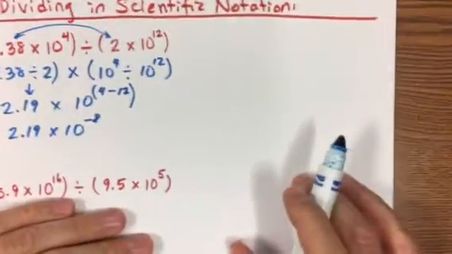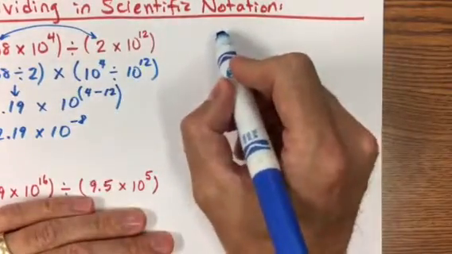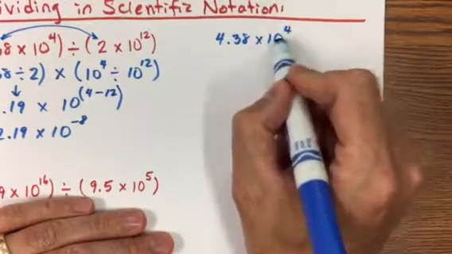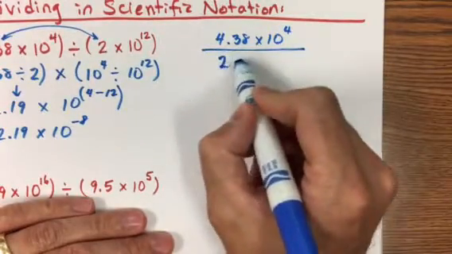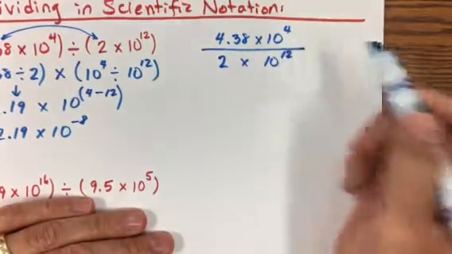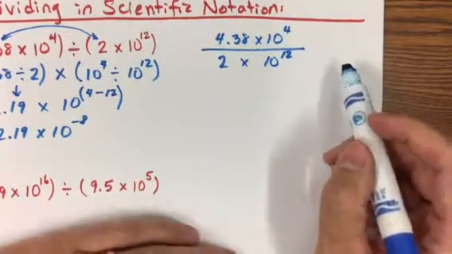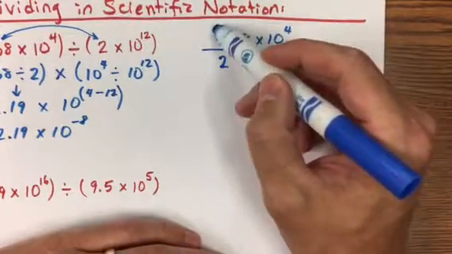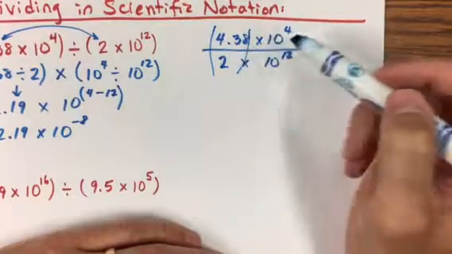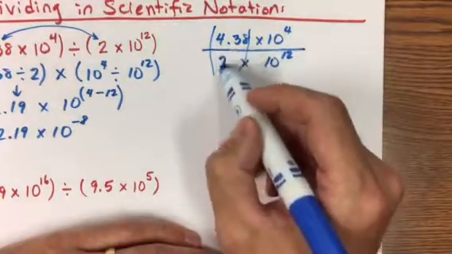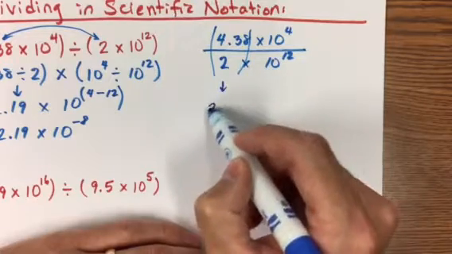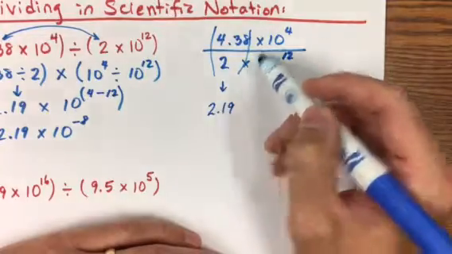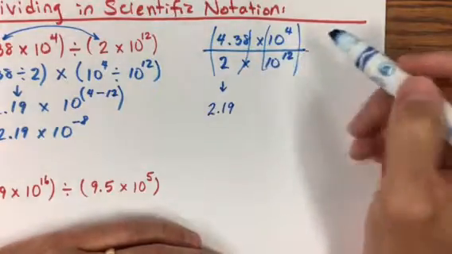Okay, let's look at that as a fraction for just a sec. If I start this thing all over again, 4.38 times 10 to the 4th power divided by 2 times 10 to the 12th power. It's a little bit easier to see that you need to keep the powers of 10 multiplied times the other part. So I can regroup this and just do this fraction, and that's 4.38 divided by 2, which is 2.19, but I'm still multiplying times another fraction, this fraction here.